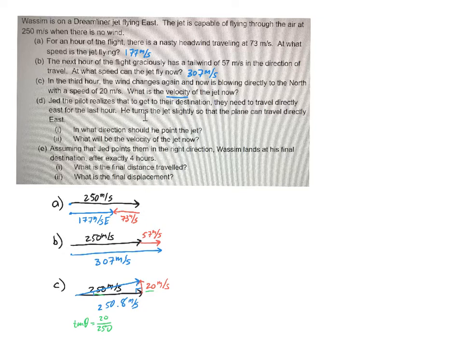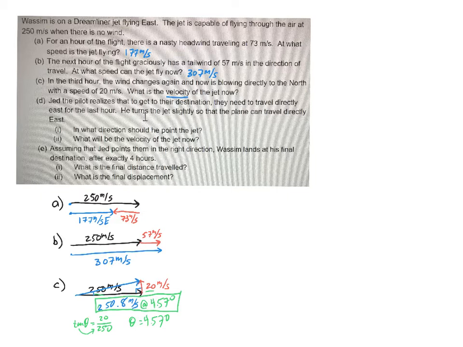I have to do the inverse to get the tangent over to the other side there, and I get an angle of 4.57 degrees. All right. So I simplified it. We don't have any weird angles. It is just 4.57 with respect to 0. So there is my answer to C.